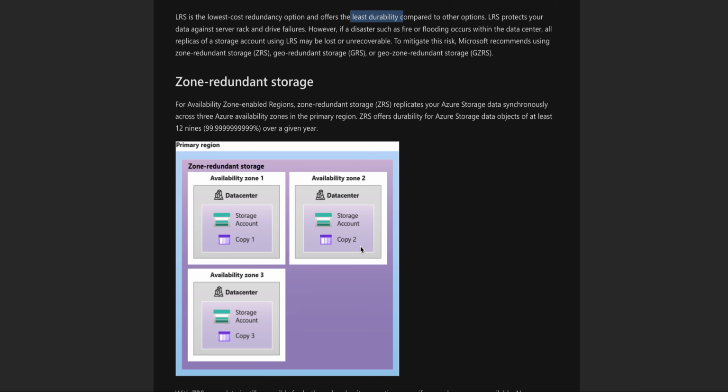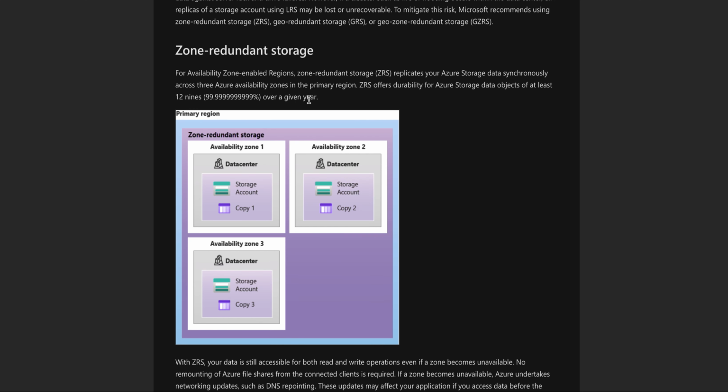Now let's move on to zone redundant storage, also known as ZRS. It replicates your Azure storage data synchronously across 3 availability zones in the primary region.